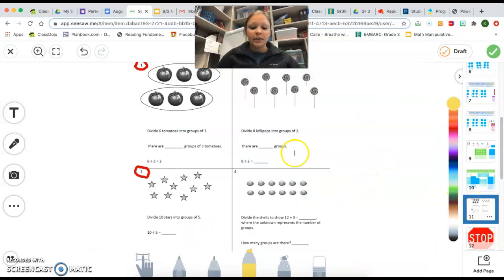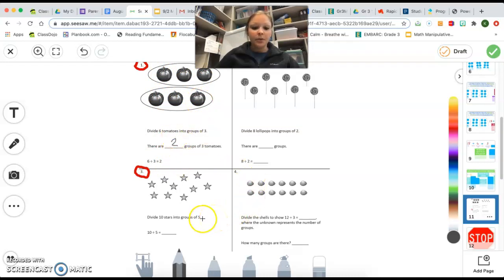So let's practice. We are going to look at our problem set, and this one says divide 6 tomatoes in groups of 3, which they did there. There are blank groups of tomatoes. We know that there are 2 groups of tomatoes here, and 6 divided by 3 equals 2.